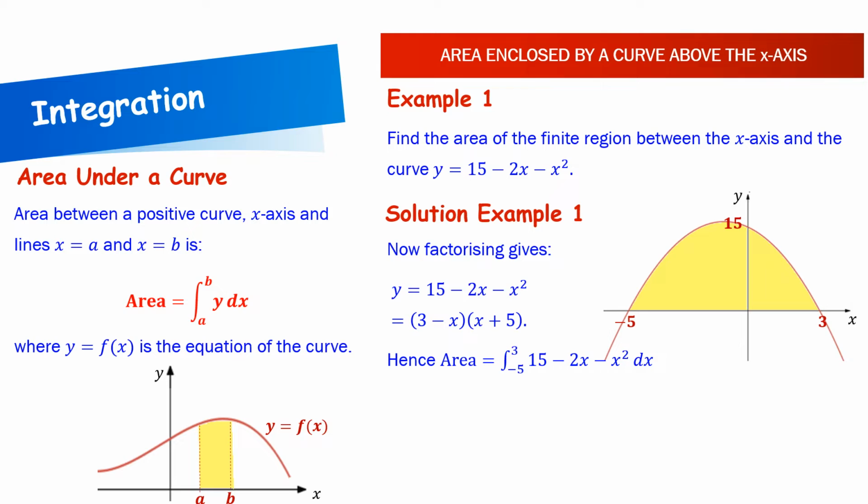Therefore, if we're wanting to find the finite region between the x-axis and the curve, we're looking for the region between minus 5 and 3, which is below this curve.